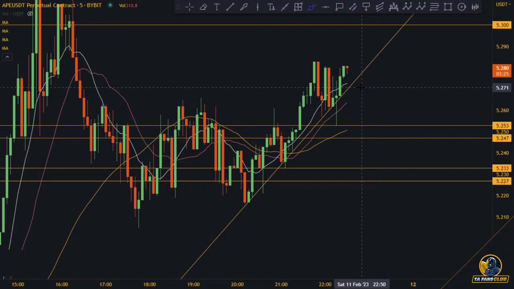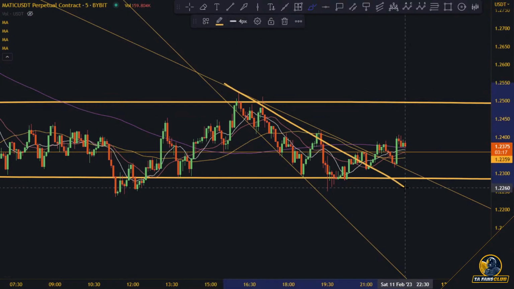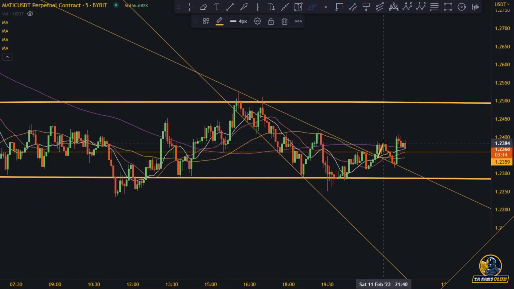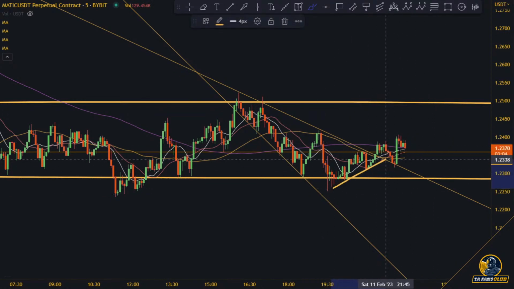Matic about to break out. It already broke out of something, but up here we had this expanding pattern, it broke out, it retested, created a higher high up here. It's still going something like this, and there is again some kind of expanding pattern over here, a channel or something like that. I don't know what this is.